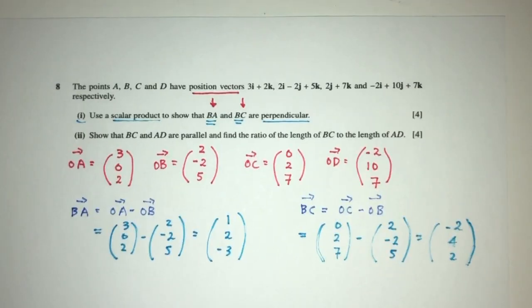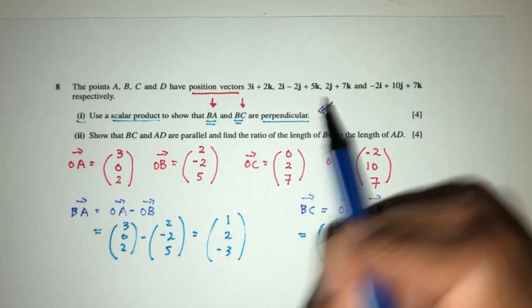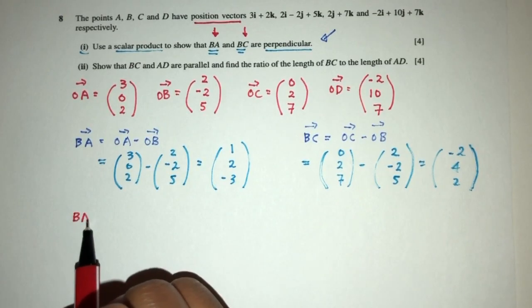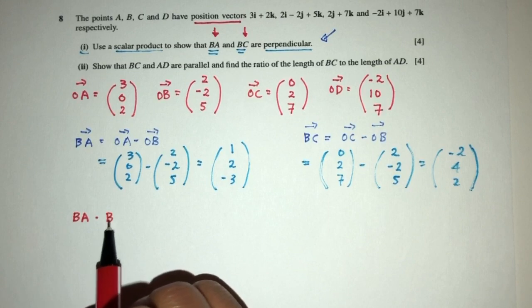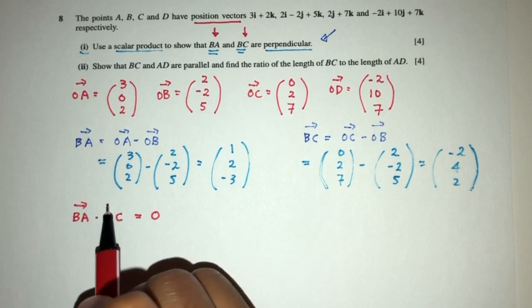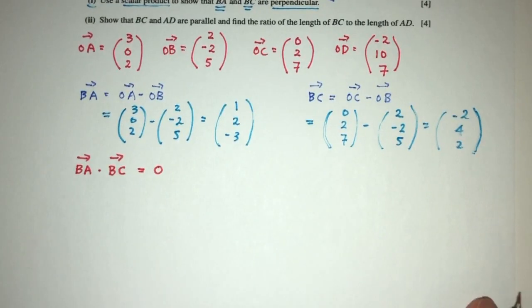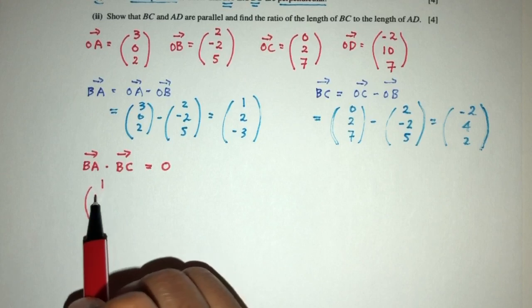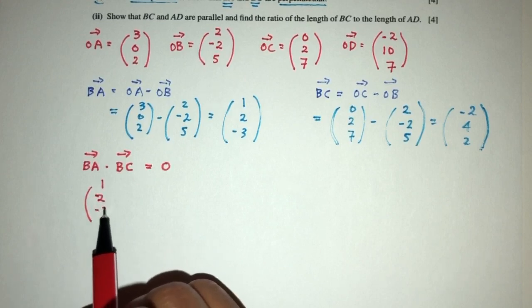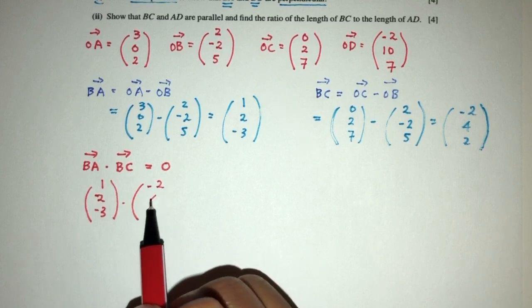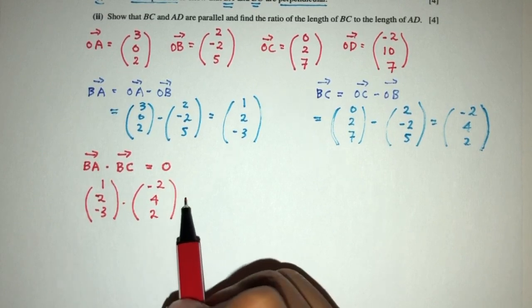Now we need to show they are perpendicular. We can do this by using the dot product. If these two are perpendicular, their dot product has to give you the value of 0. So let's replace and see if that is actually true or not. BA is found to be (1, 2, minus 3), and BC was found to be (minus 2, 4, 2).